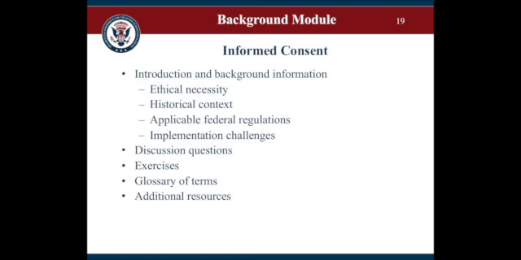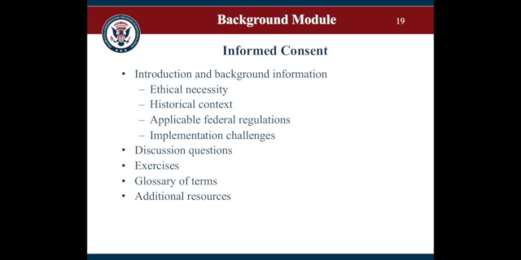Now, I'd like to walk you through a sample of what you will find in some of our modules. The example I'm going to use is the Informed Consent Background module to start. This module provides an introduction to the informed consent process and background information, including why informed consent is ethically necessary, historical context around how informed consent requirements came to be, information on applicable federal regulations, and a description of some of the challenges commonly encountered in the informed consent process.